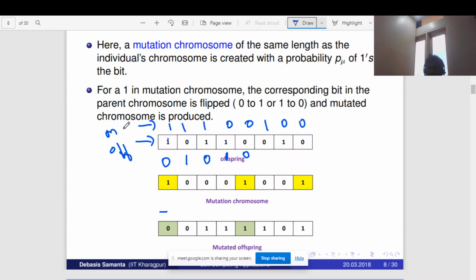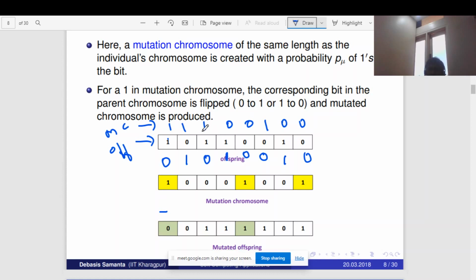This is mutated chromosome. Okay, what is this position? Yeah, one. Okay, fine. So this is the actual offspring.